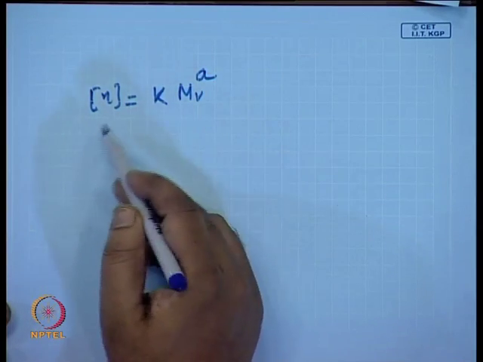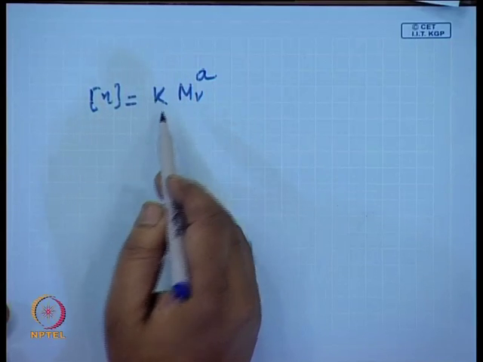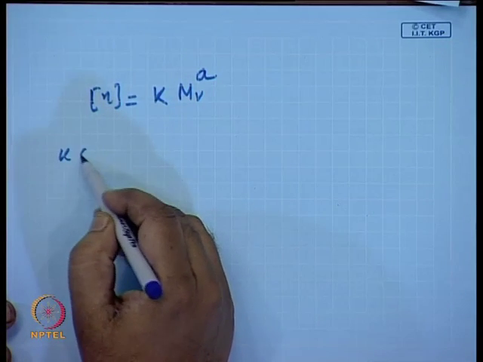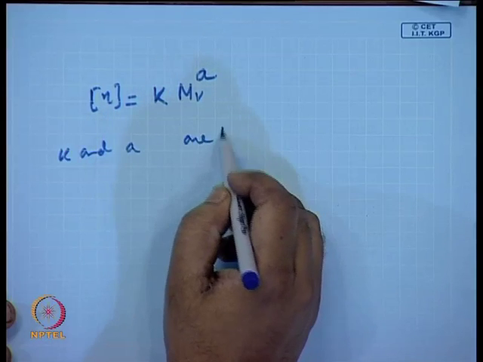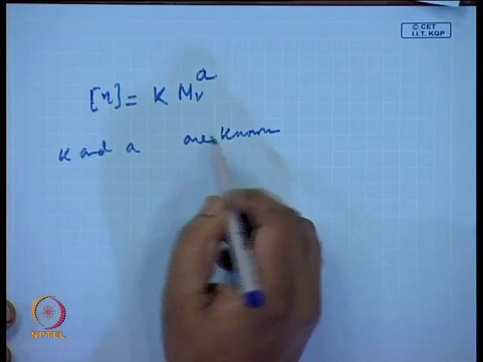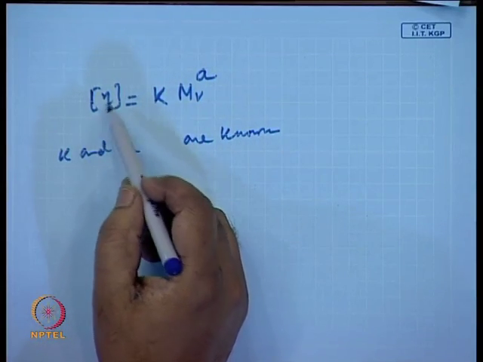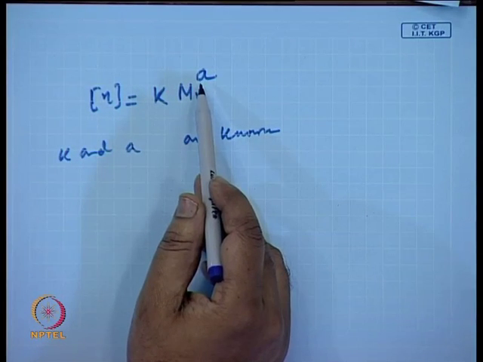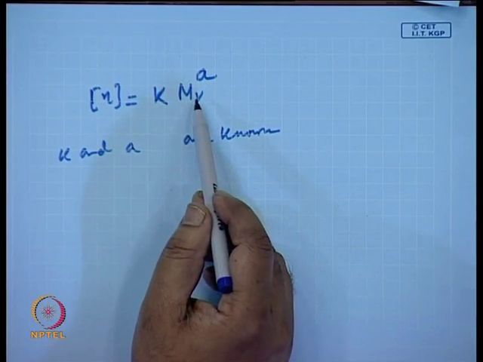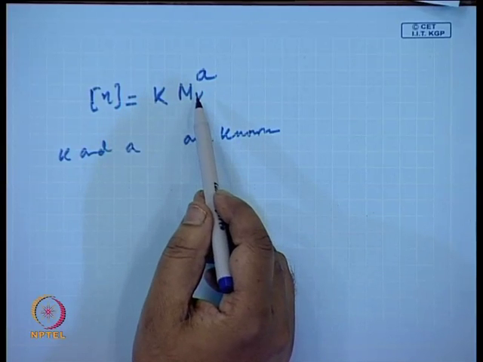So, how do we get the value for M_v? If K and a are known, you can find experimentally the value of intrinsic viscosity, and then, knowing K and a, you will be able to find the value for M_v.